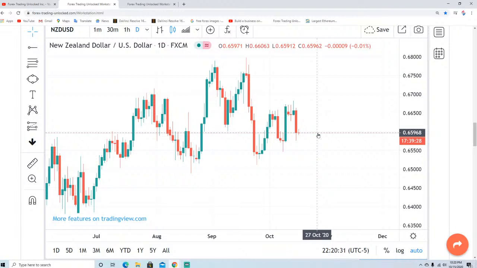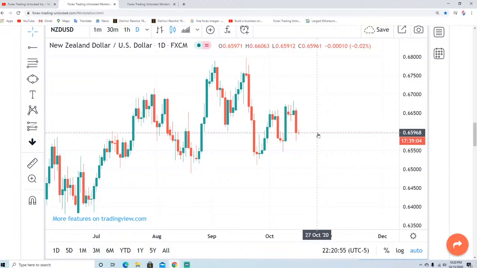So meaning that even if the New Zealand dollar continues to go lower, I don't see it really moving like the Australian dollar. So I think that you will still see this to be in a bearish forecast as we head in to the end of October and towards the election in the United States. But as far as a big sell-off extreme, I don't really got one for you, folks.